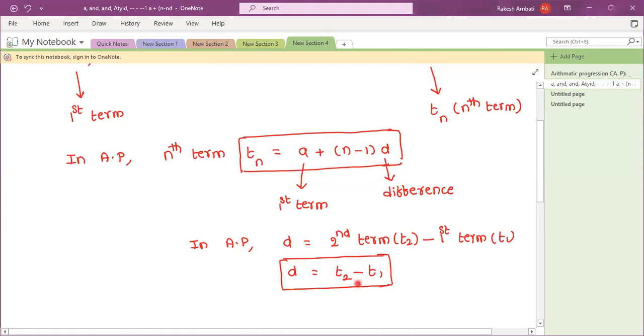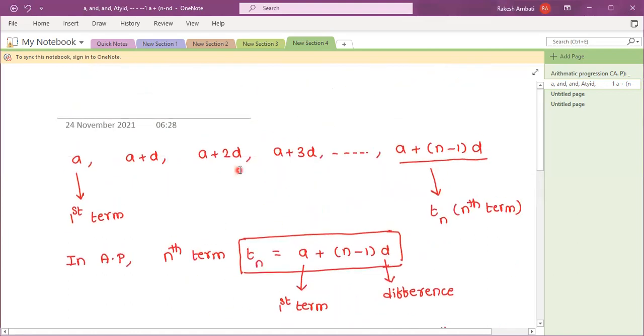So the basic meaning of arithmetic progression: if any two successive terms have the same difference, then it is in the form of AP, arithmetic progression.